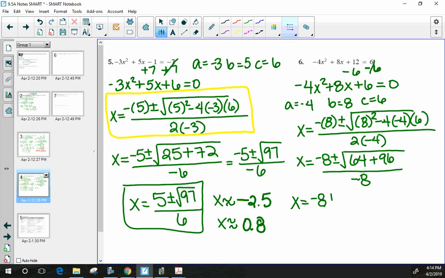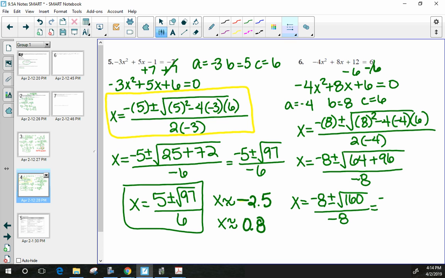Negative 8 plus or minus the square root of 160 over negative 8. Now, 160 is not a perfect square, but it does have 16 that goes into it.